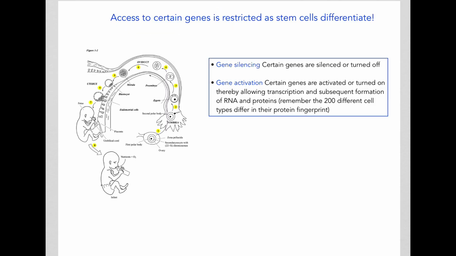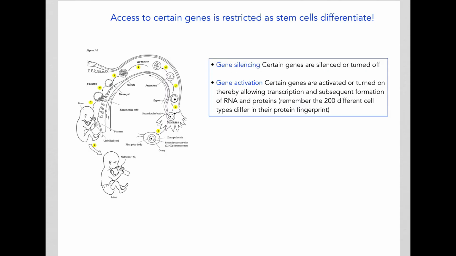So during differentiation, some of the genes become silenced, or turned off. And then some genes, as the cells differentiate, become activated or turned on. And when these genes are turned on, that will allow the transcription and then the subsequent formation of proteins in that cell.